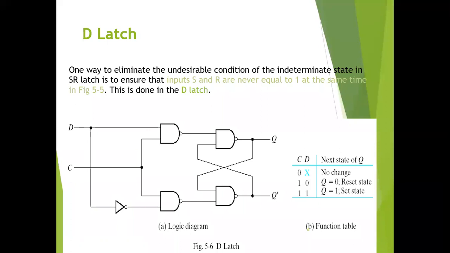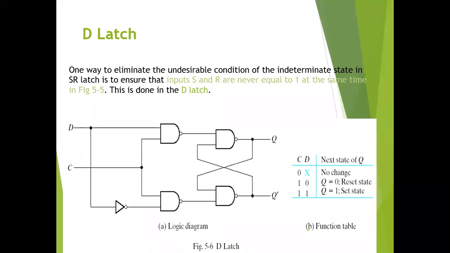Let's start with the topic of latch, which is also known as a transparent latch. As we have seen in SR latches, which we discussed in our last lecture, there are some indeterminate states which we want to be prohibited.